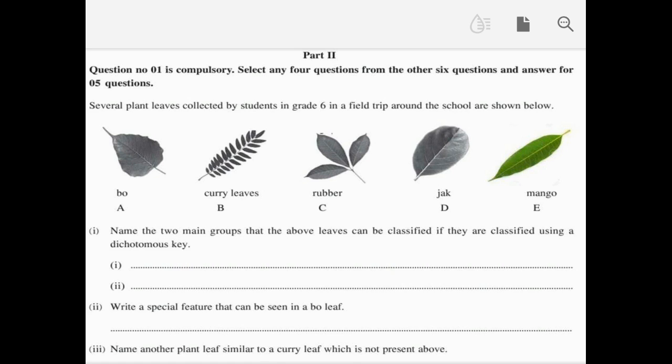Simple leaves contain only one leaf, and there are small leaflets around the stem. These type of leaves are called compound leaves. Then there are two types of leaves. First one, simple leaves, and second one, compound leaves. Then Roman number 1, simple leaves. Roman number 2, compound leaves.